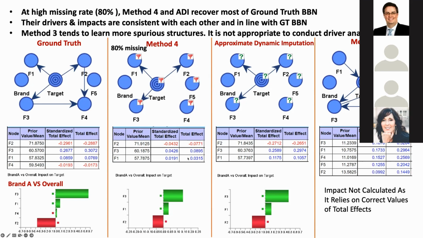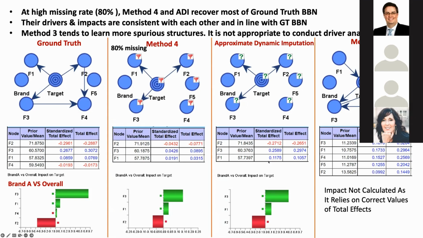Apparently, you see the drivers, they're totally different from these three. So the method 4, these simply use the filtered state. And the ADI, if you want to impute the missing value, their drivers and impacts are consistent with each other and in line with the ground truth.